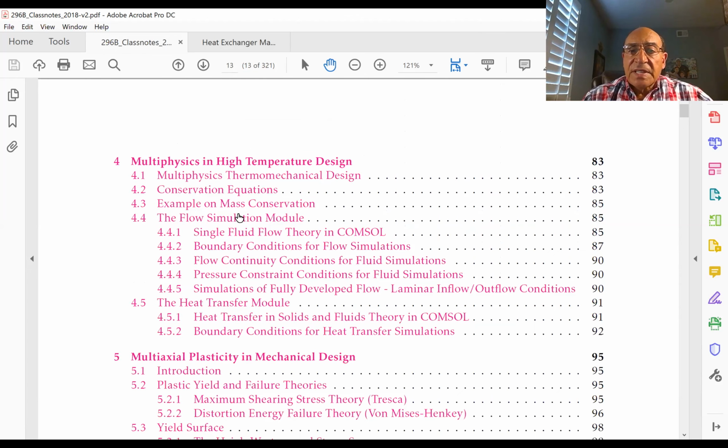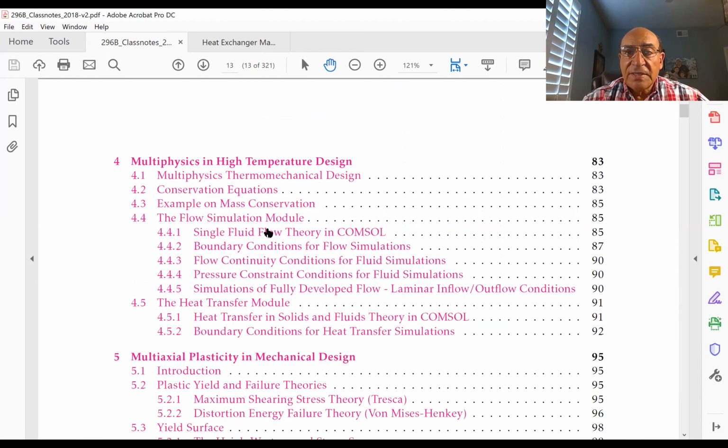The next chapter is multi-physics, and in multi-physics we will learn how to effectively run COMSOL. COMSOL is a software that we will use in the course, and it allows us to do coupled simulations between fluids, thermal response, heat transfer in other words, and also the mechanical response, which is structures.